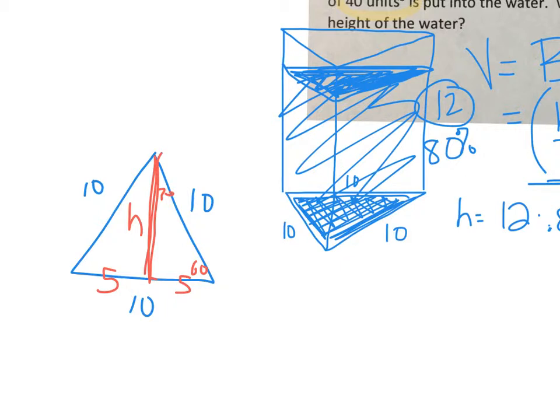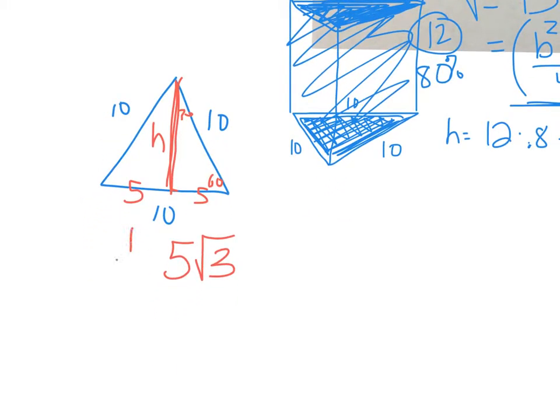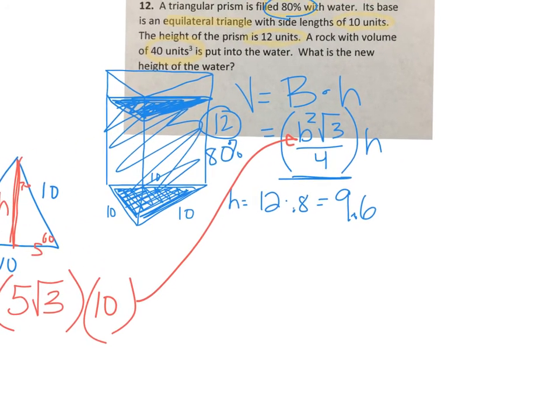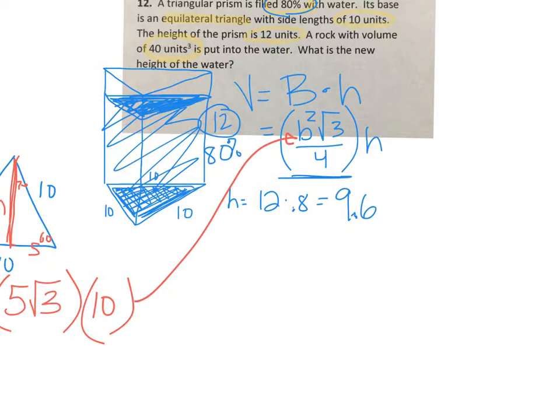So we have a special 30-60-90 triangle where the height is always the side times the square root of 3. So half of the height times the base will give us this formula. Anyway, continuing on; that's neither here nor there.